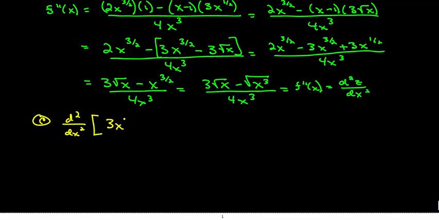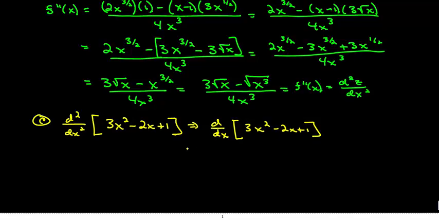So 3x squared minus 2x plus 1. So to get that, the first thing we have to do is differentiate once on that expression. So that is equal to 6x minus 2.